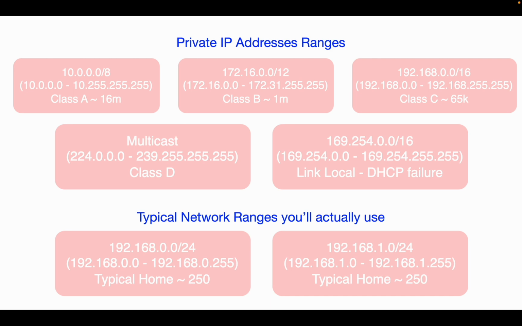Then we've got 172. You might get that, or you might have a company that's got some stuff in AWS with a 10, and stuff in Azure with a 172, or maybe you're hybrid and you've got 172 on your premises and your Google Cloud is at 10. But basically, these are the address spaces.